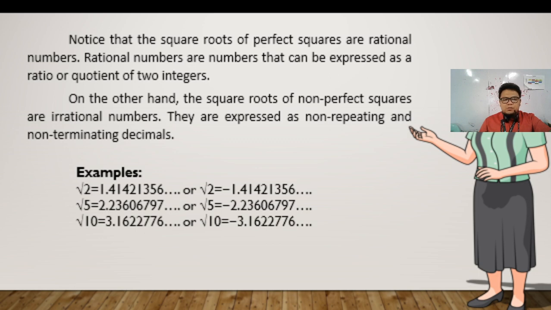For example, the square root of 2 can be 1.41421 and so on. This is an example of a non-repeating and non-terminating decimal, as well as the square root of 5 and the square root of 10. That is the reason why we consider them irrational numbers.